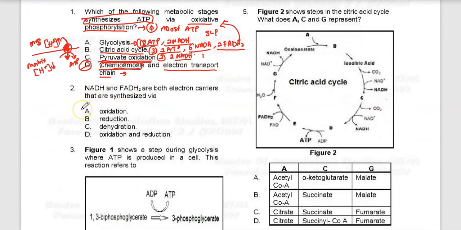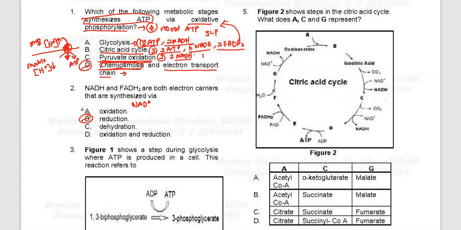So number 2, NADH and FADH2 are both electron carriers that are synthesized via the process of reduction. Okay, reduction, because initially these two molecules are found in the matrix, or in the cytoplasm if we are looking at glycolysis. So to synthesize NADH, it starts in the form of NAD plus.